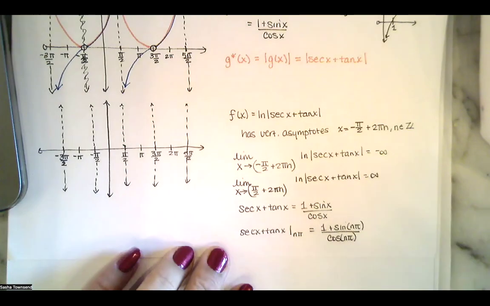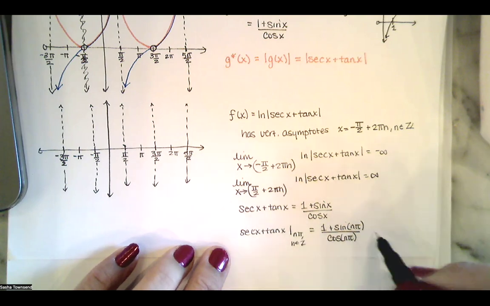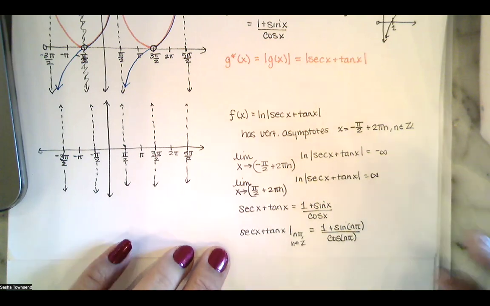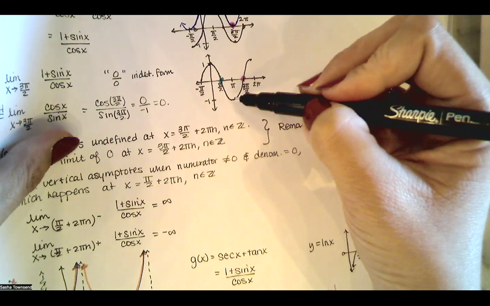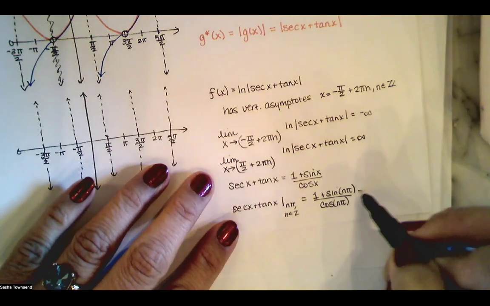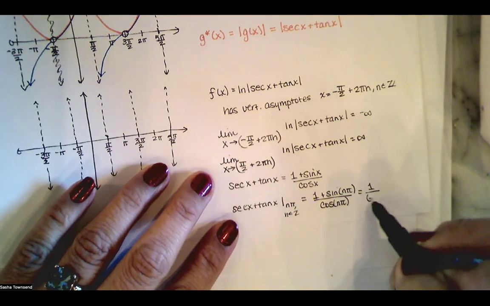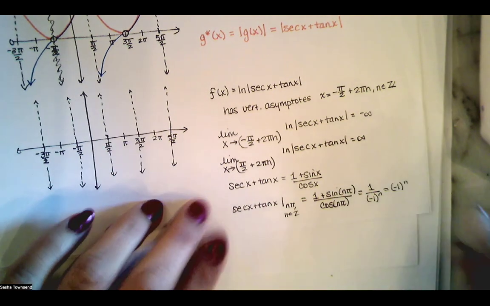Then sine of n pi is 0, where n is an integer, of course. So this is going to be a 1 in the numerator, and that cosine is going to alternate between -1 and 1. Cosine of 0 is 1, cosine of pi is -1, cosine of 2 pi is 1, cosine of 3 pi is -1. It just keeps going back and forth. So this is actually 1 divided by -1 to the n.